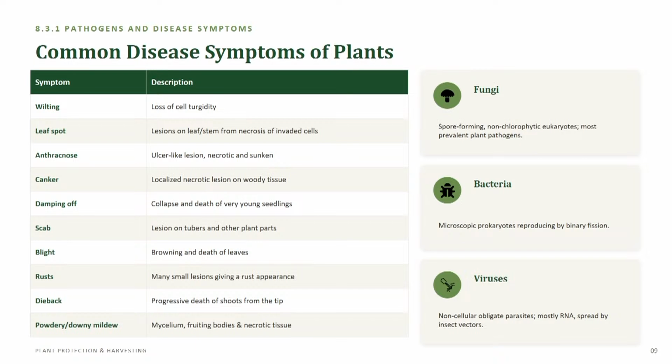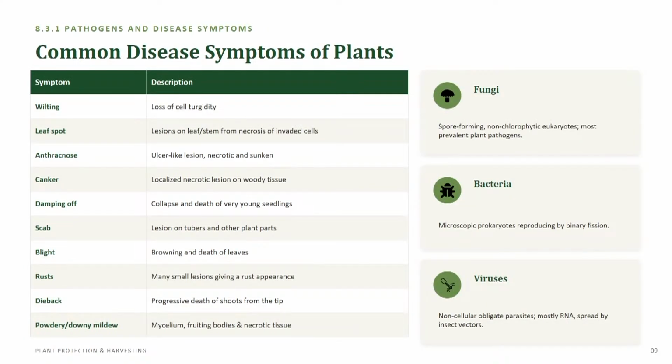And the last is powdery mildew, where we can find a powder-like formation on the upper part of the plant leaf, and for this reason it is called powdery mildew.